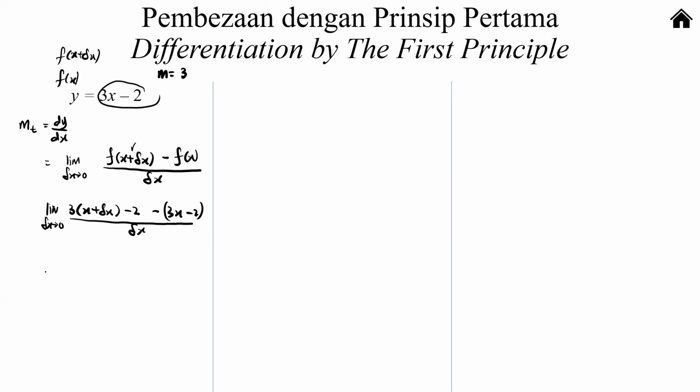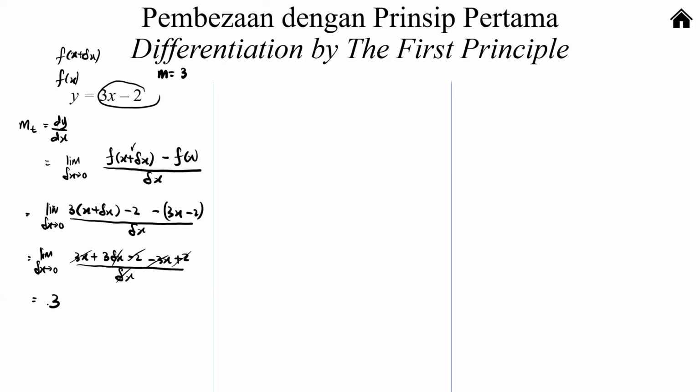Therefore you open up the bracket: 3x plus 3 delta x minus 2 minus 3x plus 2, over delta x. Can you see that? The 3x minus 3x, negative 2 plus 2, left with 3 delta x. And the delta x at the bottom can be simplified. Therefore, before you substitute delta x is 0, it's already simplified. The answer is 3.